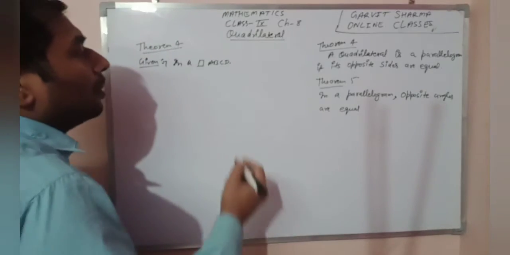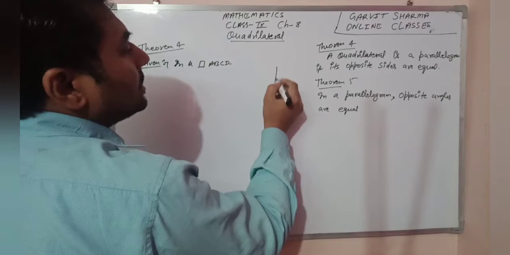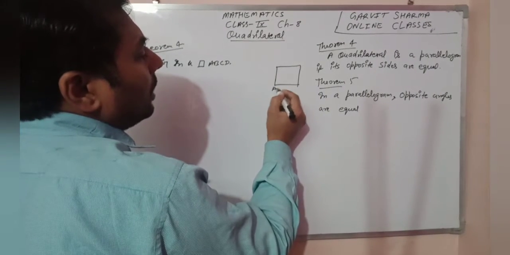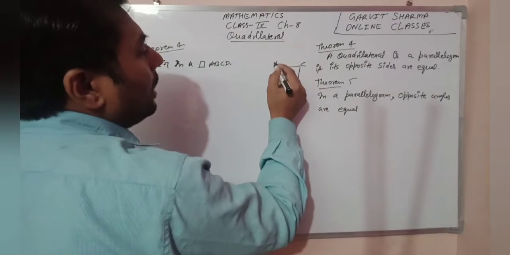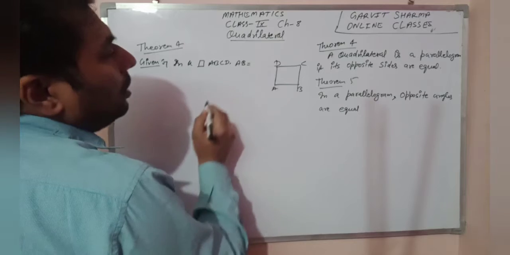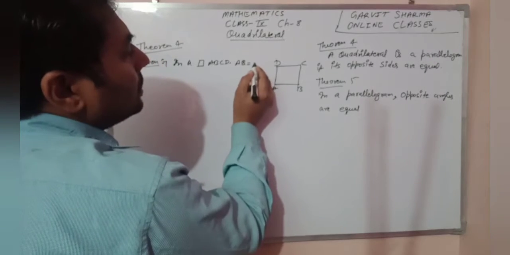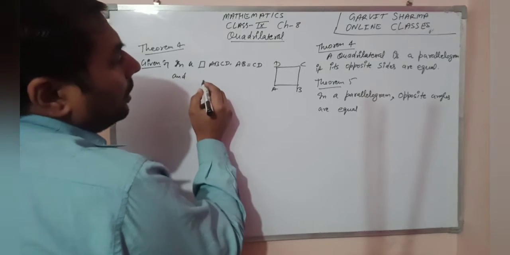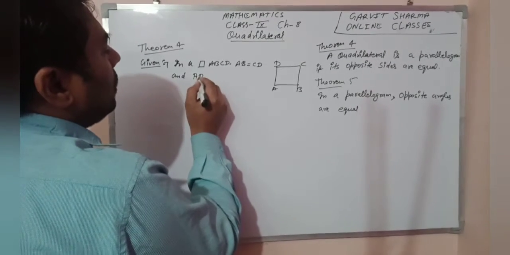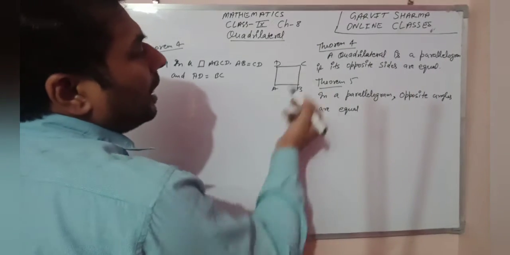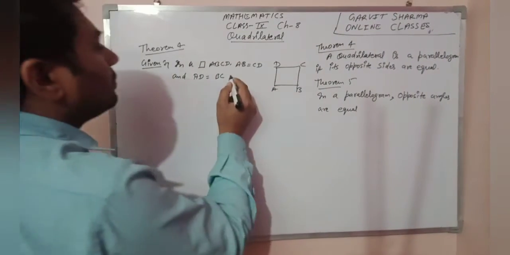A quadrilateral is a parallelogram if its opposite sides are equal. This is your parallelogram A, B, C and D. AB is equal to CD and AD is equal to BC. These are opposite sides and which are equal.